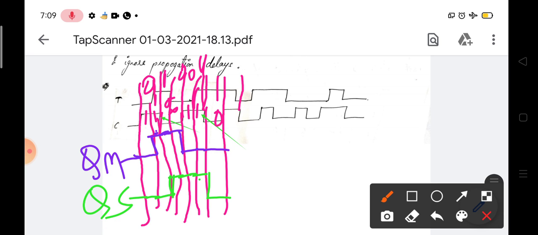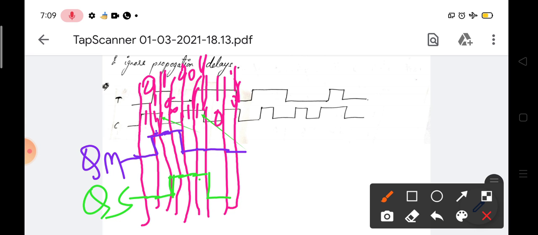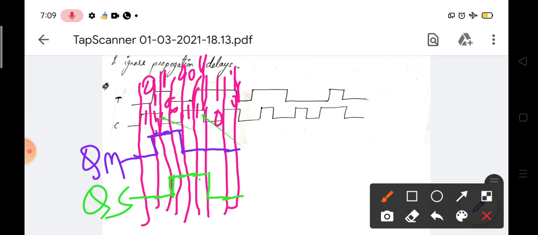Up till here, T is 1, clock is still 0. If T is 1 and clock is 0, again I'll get the same output up till here and this up till here. But see, here the clock is falling to 0 when T has become 0.